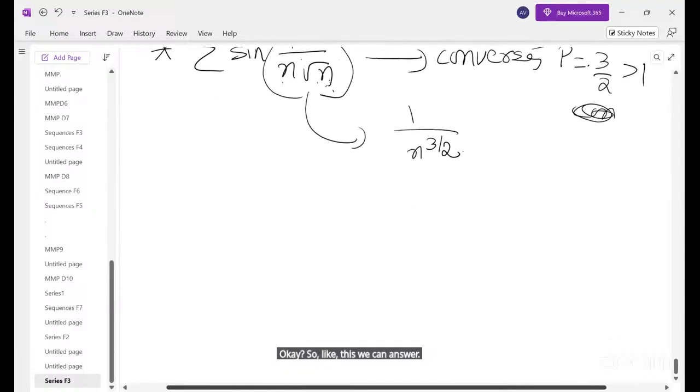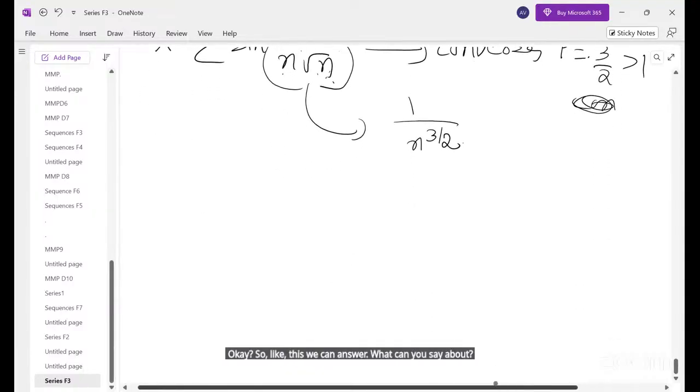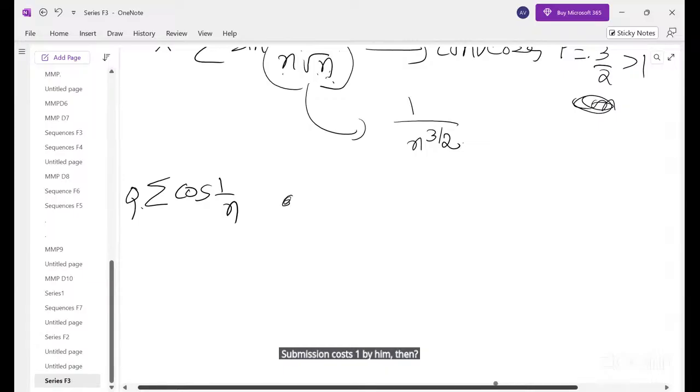What can you say about summation cos(1/n) then? Is it convergent or divergent? Any one of you? Divergent. Why divergent? I'll give you options.